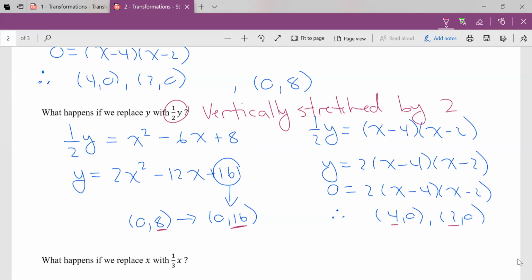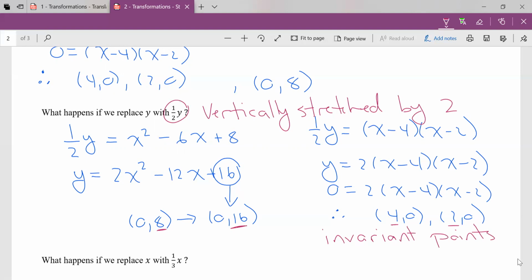There's a really important term here I need you to know for something that doesn't change. These are known as invariant points. Vary means to change, so invariant means not to change. So what did we do? Replace y with 1/2 y, which means we ended up vertically stretching by 2.